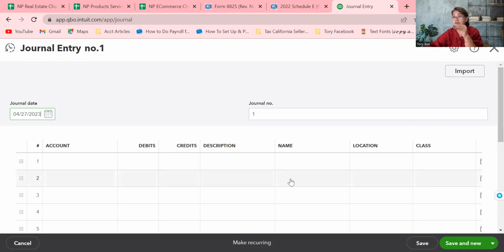Most especially with the HUDs, refinance, and even the tax and insurance escrow, it's being recorded. Almost all transactions, almost all. I'm not saying all, but almost all. This is one thing that I missed.